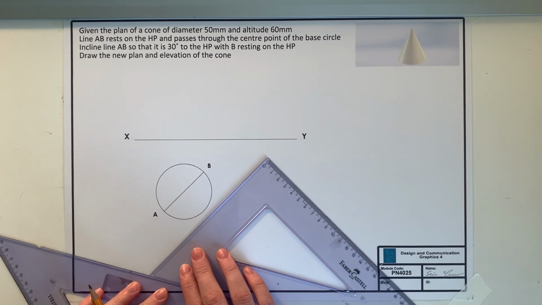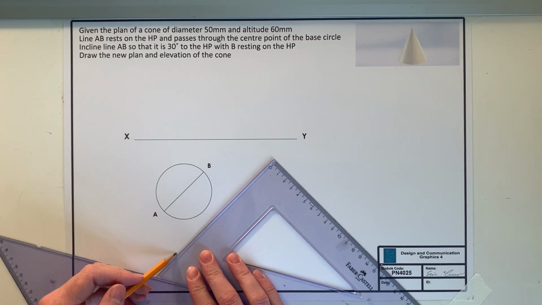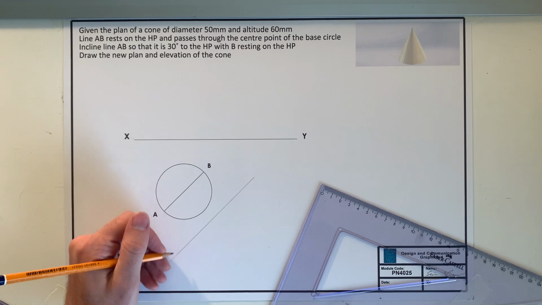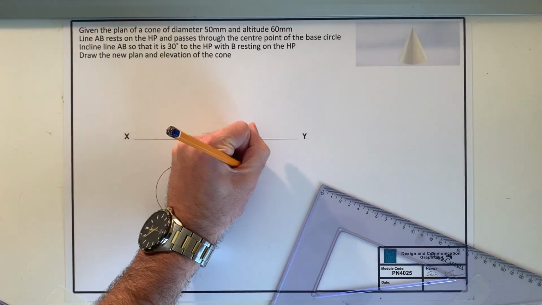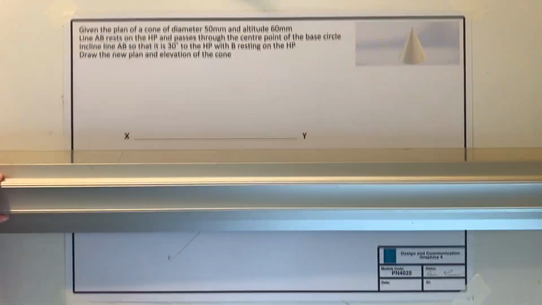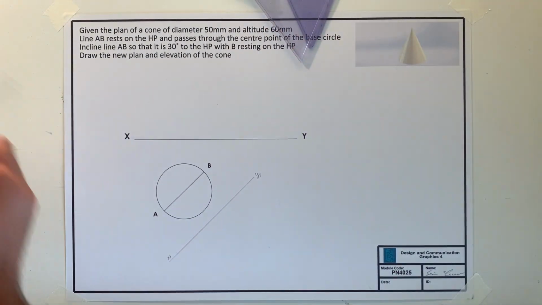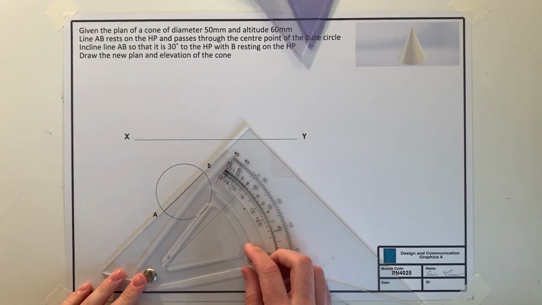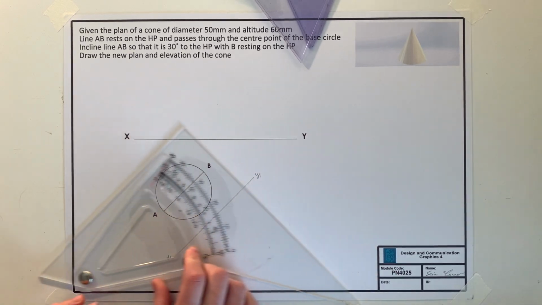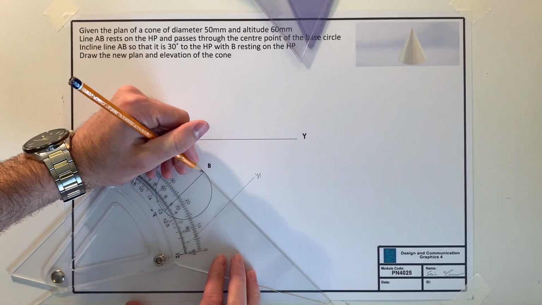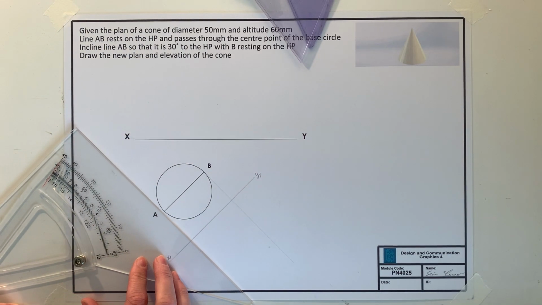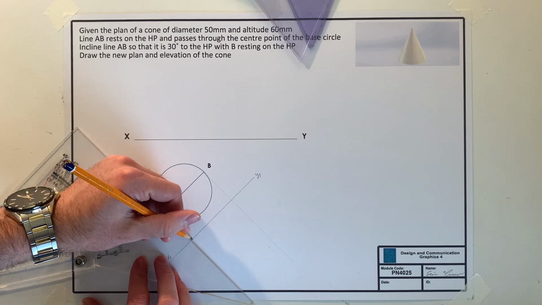Try to be as careful as possible when you're using your sliding set squares. Just ensure that everything is kept nice and accurate. X1, Y1. Bring our lines back. Now, there was no need for me to extend that line.